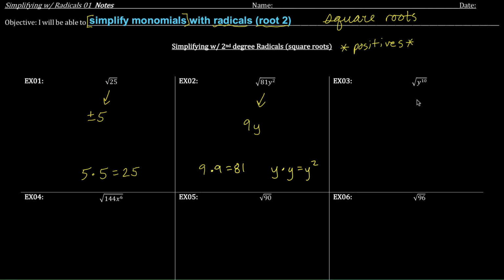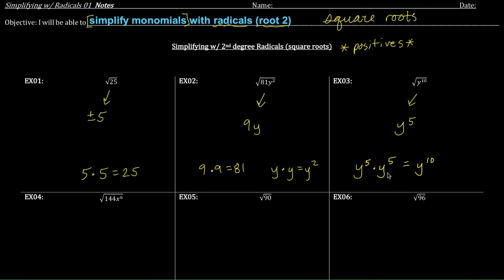All right, the square root of y to the 10th power. Some of you might be tempted to think nothing times nothing is 10, but I'll just show you. This is y to the 5th, because y to the 5th times y to the 5th is y to the 10th.